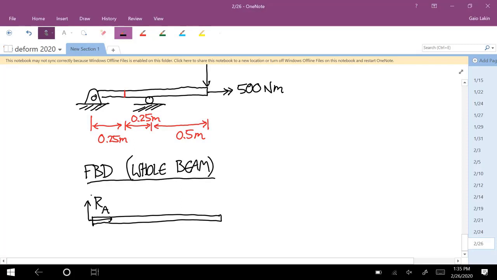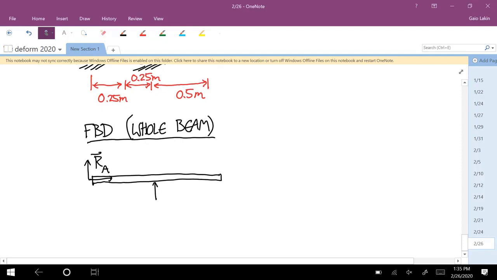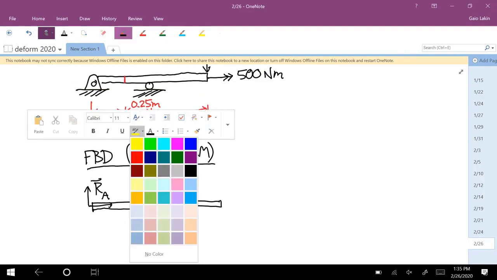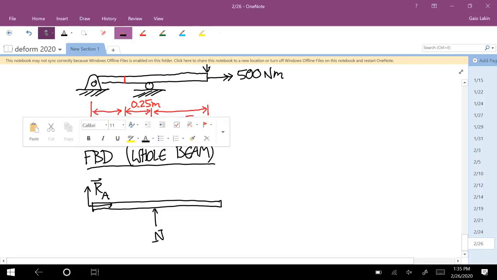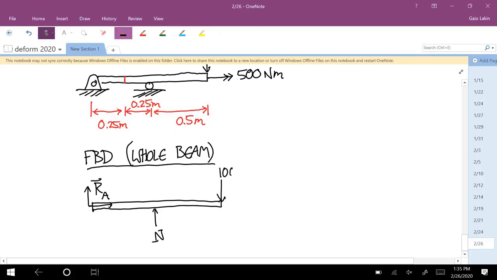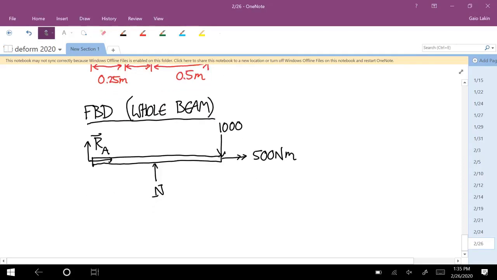I'll call that RA. At the roller, at the midpoint, there's an upward normal force. Call that N. And then we have these other two external forces, the 1,000 and then the 500 Newton meters. And now this is a rigid body problem to calculate those external loads. I'm going to put the about point here.